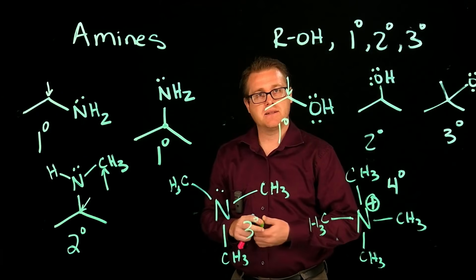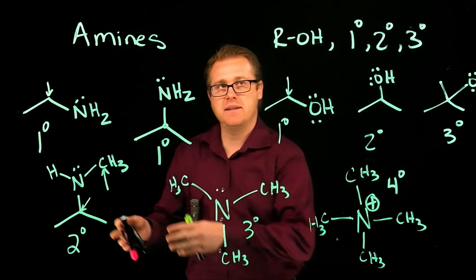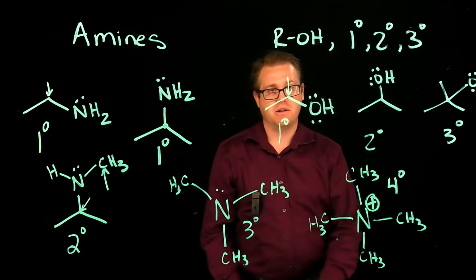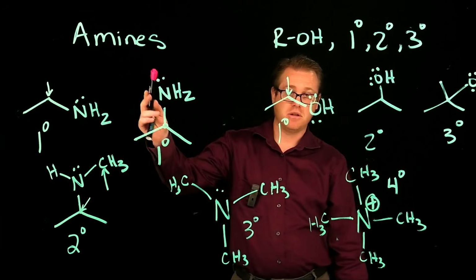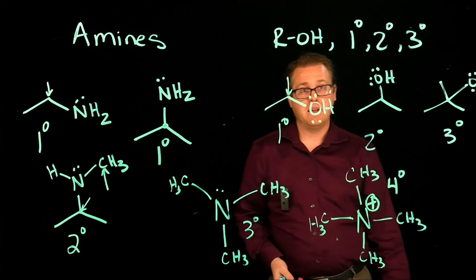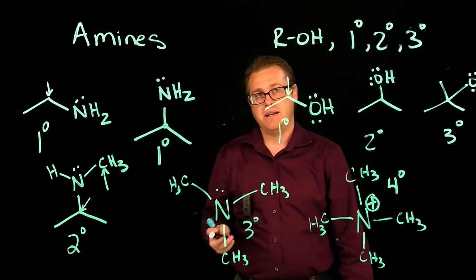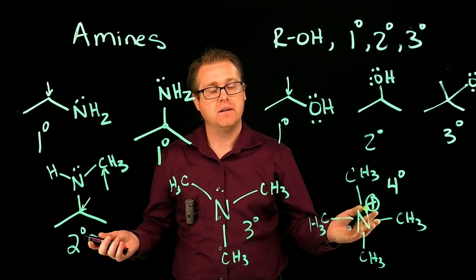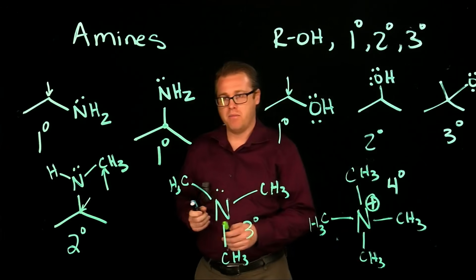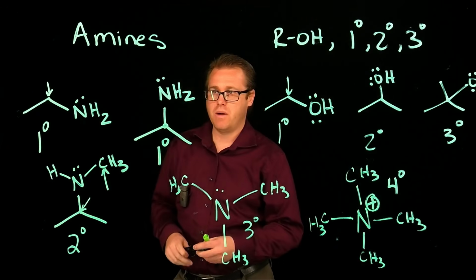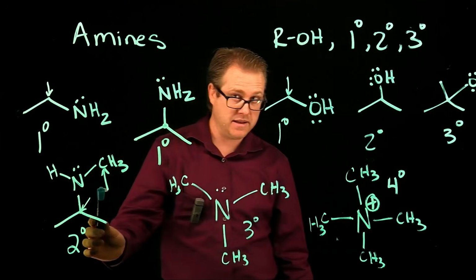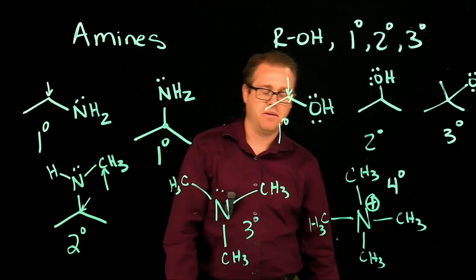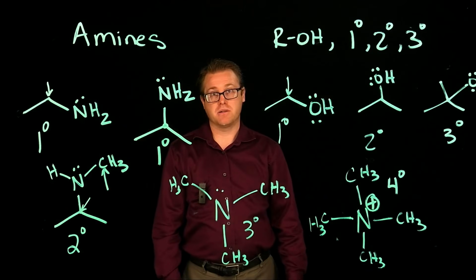And the reason why this is so important is the same reason that we talked about with the degrees of alcohols. You need to be able to look at an amine, calculate its degree, and that will determine how it can react or if it can react at all. The degree matters. But the way we calculate the degrees of amines are slightly different than the way we calculate the degree with alcohols. Okay?